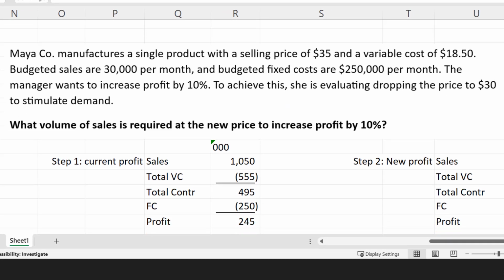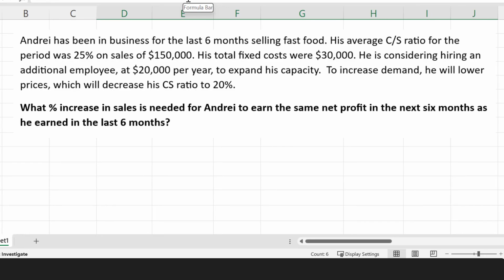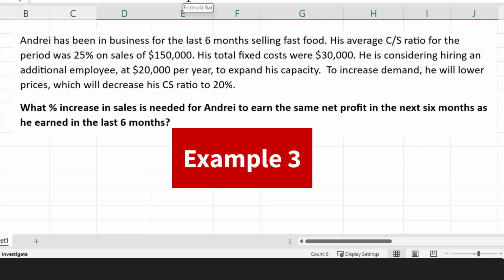Ladies and gents, that's the solution to our second business problem using the principles of marginal costing. Moving on to our third and final example.